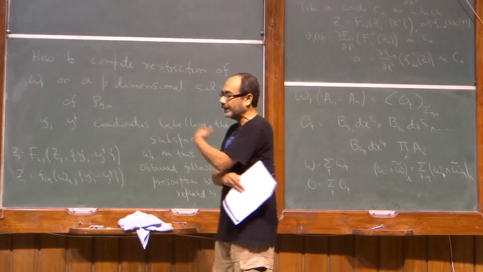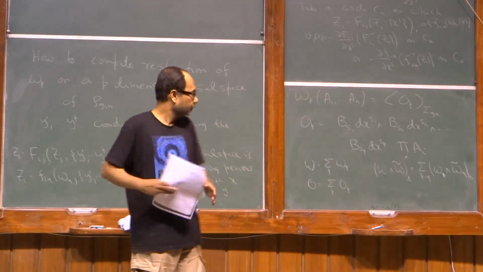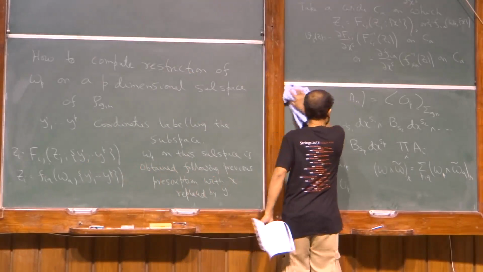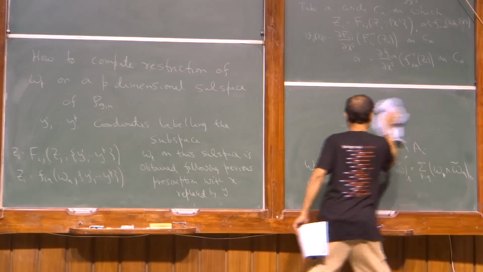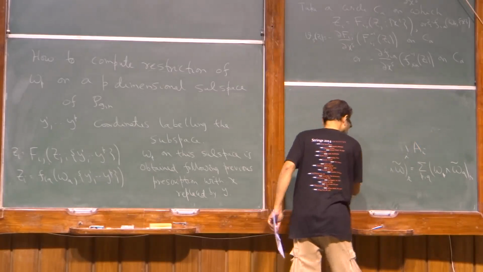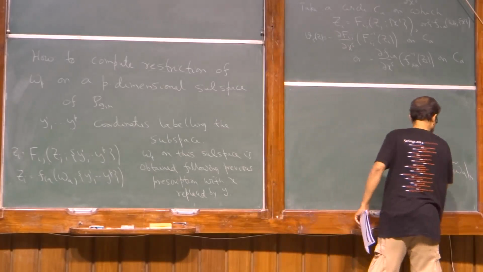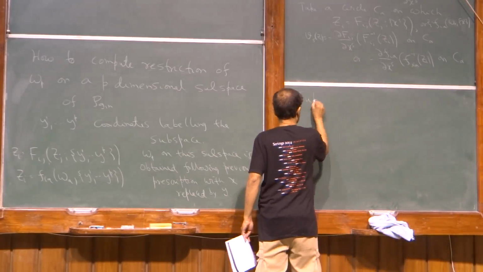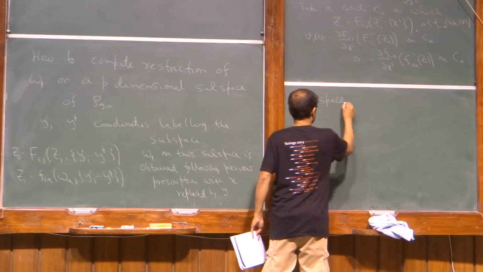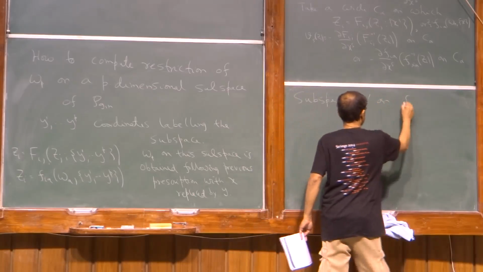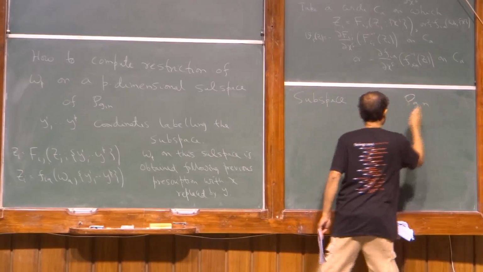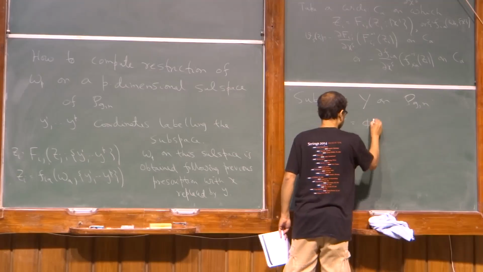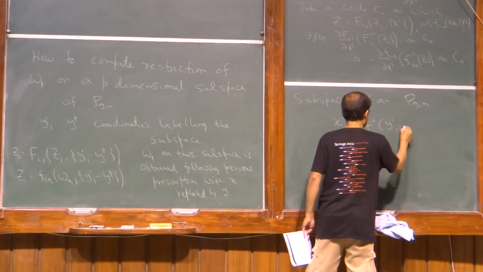If you do it in component notation, then what we are doing is the following. A subspace Y of PGN corresponds to giving the x's as some functions of the y's.